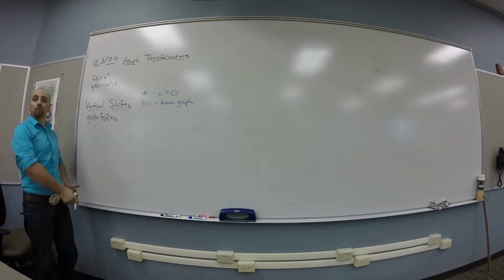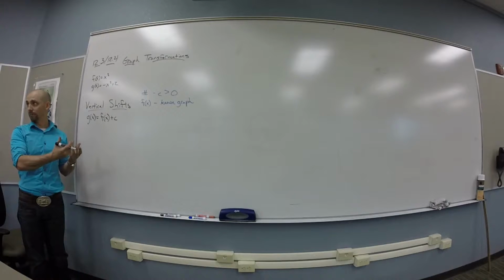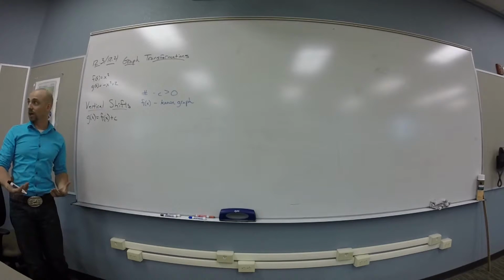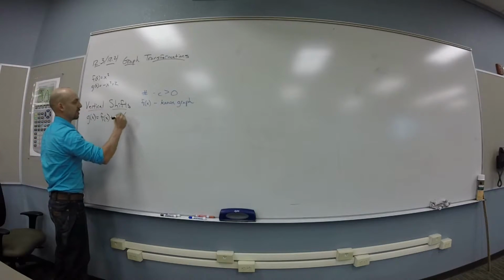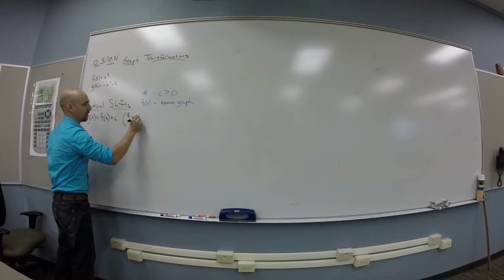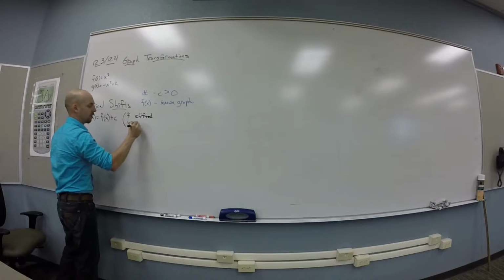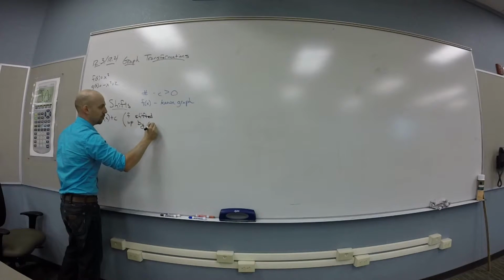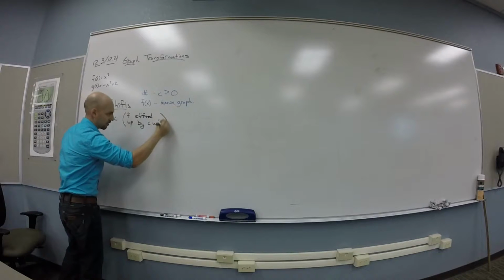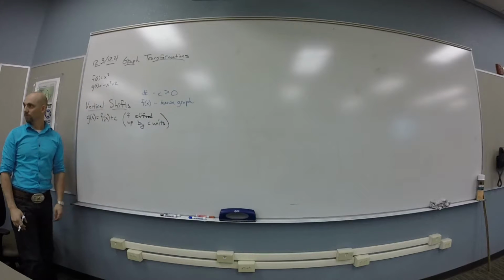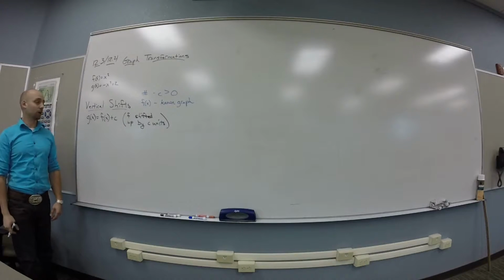That should kind of push everything up, right? And in fact, it does. So this is f shifted up by c units. Cool with that? So that's adding a positive constant.